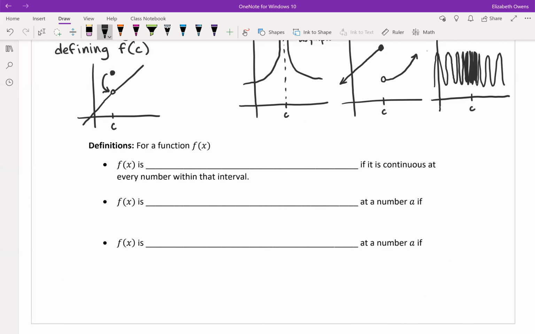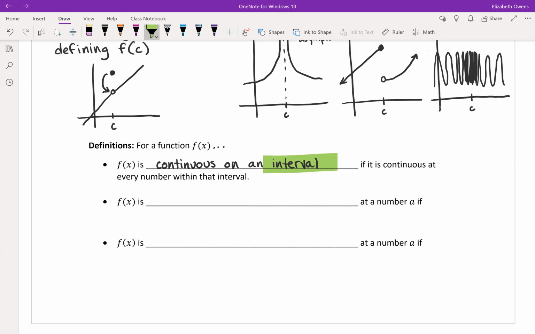Now we are going to get some more definitions here in section 2.5. So here they come. For a function f of x, we say that f of x is continuous on an interval if it is continuous at every number within that interval. Okay, so this is different from what we saw before because we're talking intervals now.